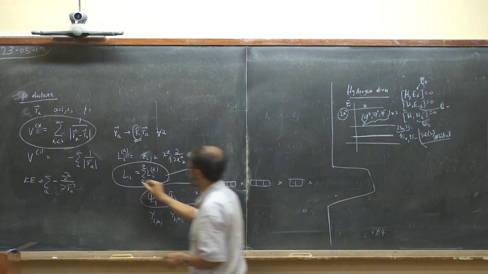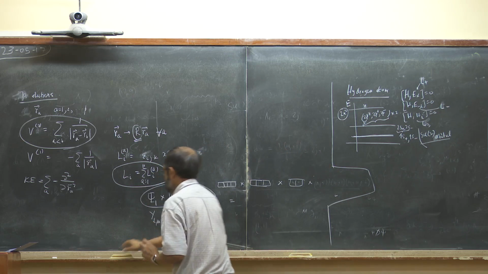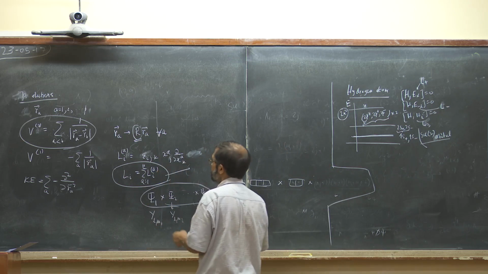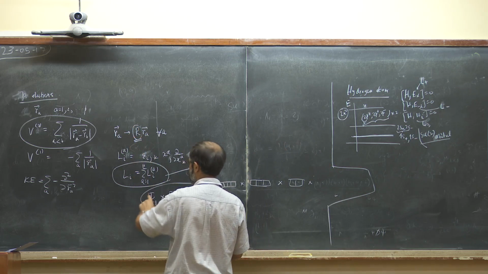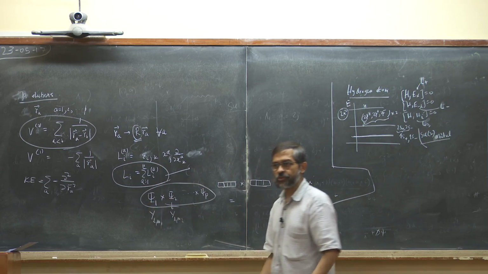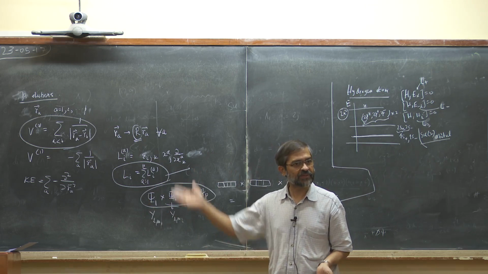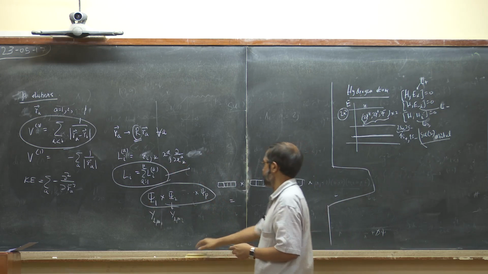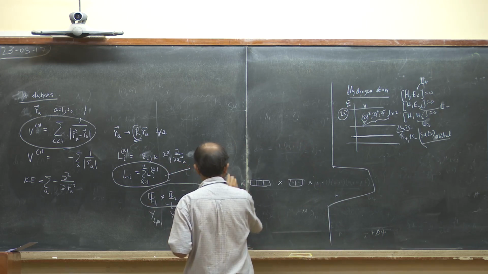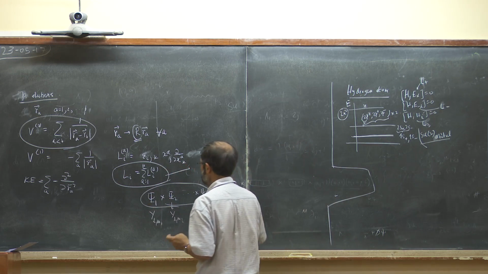All I am trying to say is that there is only one SU(2) operative on all of these, so whatever we have said before can be physically applied to this situation. Okay, good. That is point number 1.